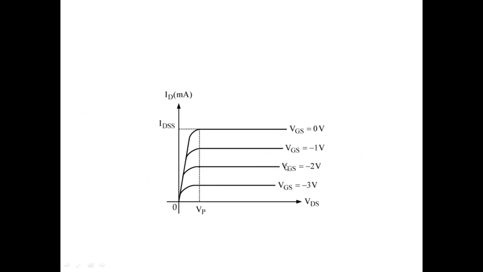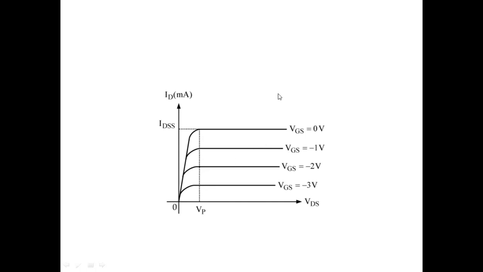If we increase the gate to source voltage, then what happens? The pinch off voltage decreases, and the breakdown voltage also reduces. For a given field effect transistor, the pinch off voltage is constant. Different field effect transistors have different pinch off voltages.